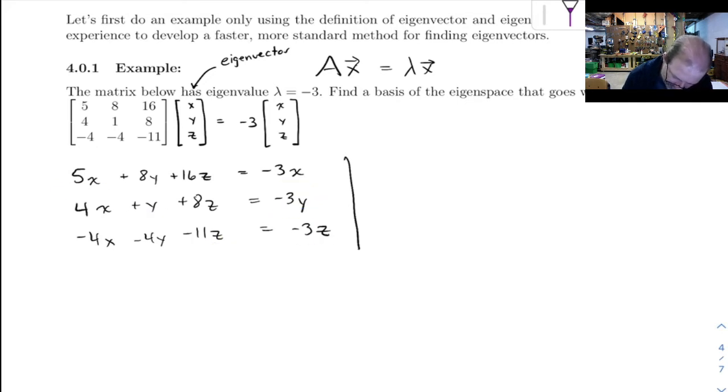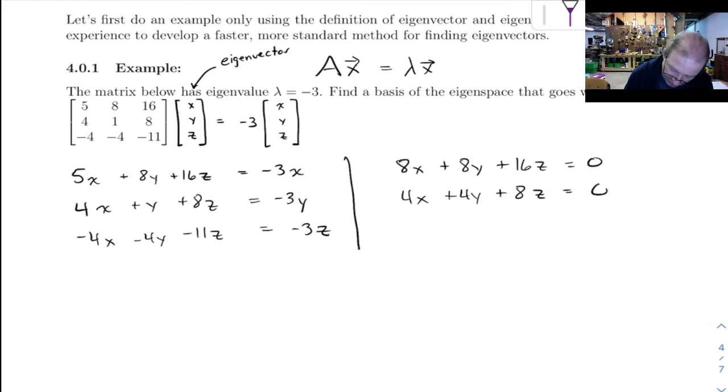By moving this to the other side, the system becomes 8x plus 8y plus 16z equals 0. The next one is 4x plus 4y plus 8z equals 0. And the last one is -4x minus 4y minus 8z equals 0.